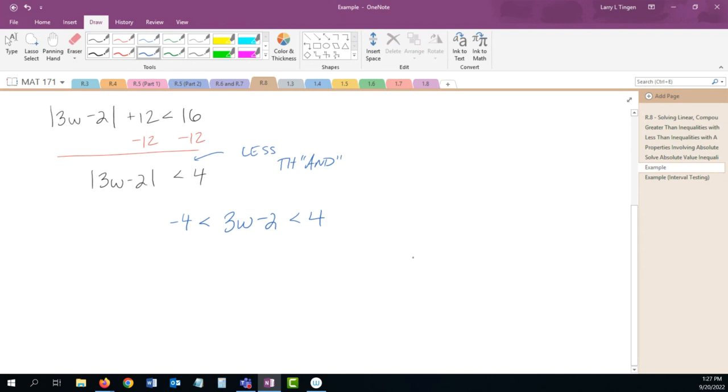So if your absolute value is less than 4, my numbers are trapped between 4 and -4, right? Do you remember the idea that if some absolute value is less than 4, the answer is all the numbers that are less than 4 units away from 0? That's why it gets trapped on both sides. The absolute value is gone.